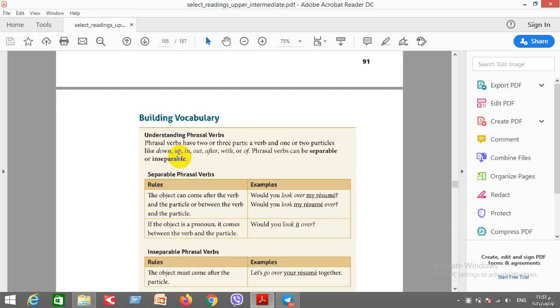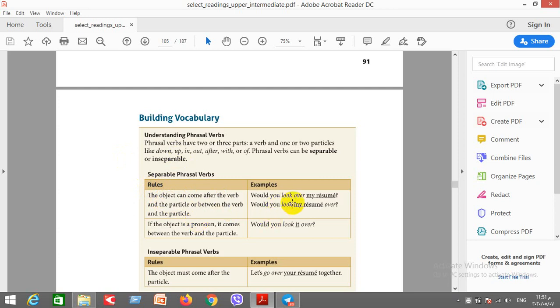We said phrasal verbs can be two types, separable and inseparable. Here I have given you the exercise with its rules and explanation. The object can come after the verb and the particle or between the verb and the particle.